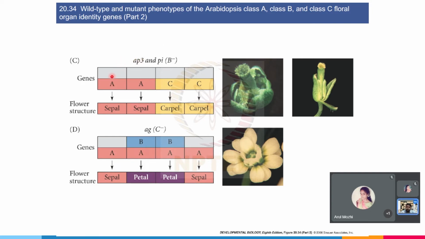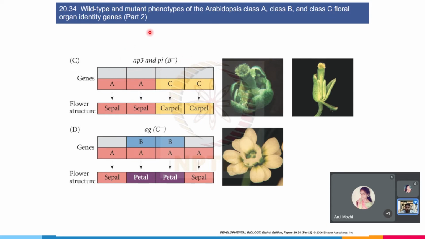So from this diagram particularly right here, we have A being expressed in the first one, so this will be a sepal, A and B here, which will give rise to petal, B and C here, which will give rise to a stamen, and C here only, which will give rise to a carpel.